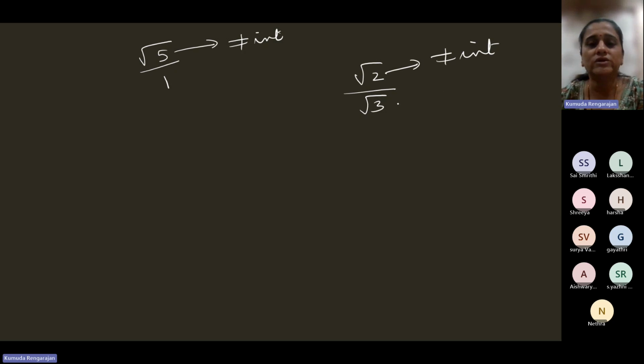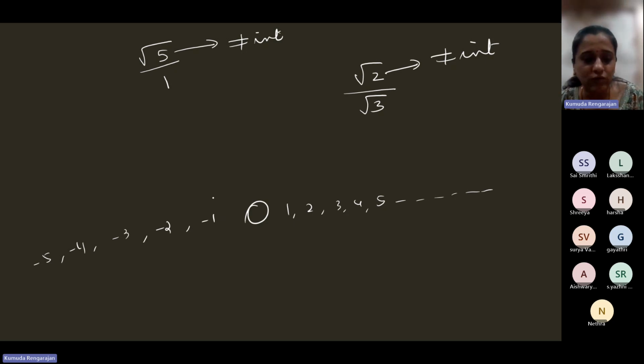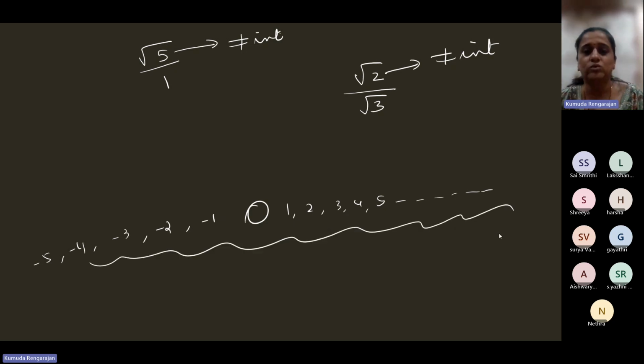How do we know it's not an integer? Because integers are natural numbers, their negatives, and so on, including 0. These are integers. Only this collection forms integers. So square root of 2, do you find it in this collection?